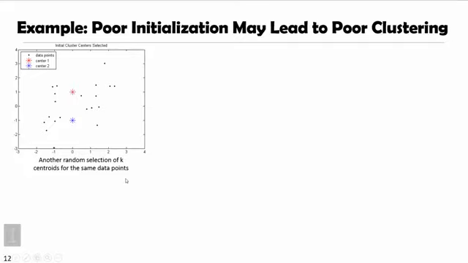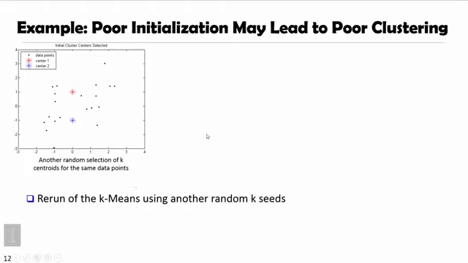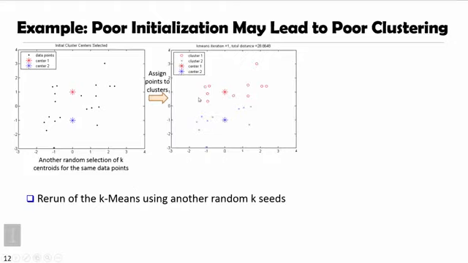With this initialization, we can assign these objects into 2 different clusters in different colors. The upper part, those points are assigned to the red cluster. The lower part is assigned to the blue cluster.